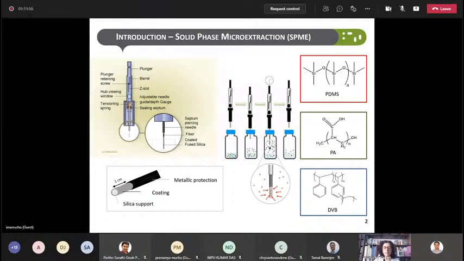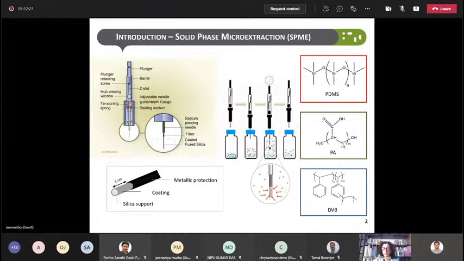Okay, so there are chromatographic companies that sell us these septums, and of course there are different septums for different analyses. What you could probably think is that there are a lot of materials that have already been incorporated in these microextraction devices, but in fact that is not true.